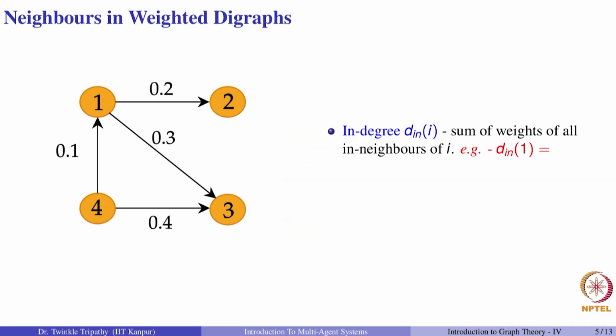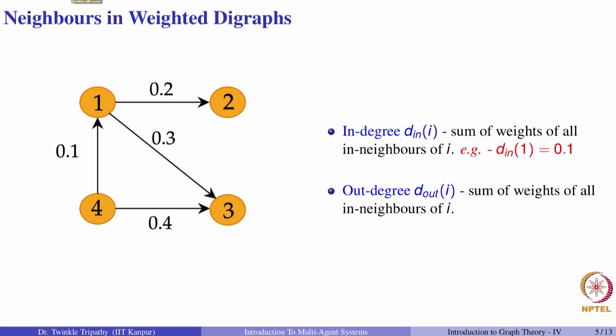I have reflected only the notions that get changed. Whenever the digraph becomes weighted, we say in degree is the sum of weights of all of the in neighbors of I. If you look at node 1, we see that it has only one incoming edge.